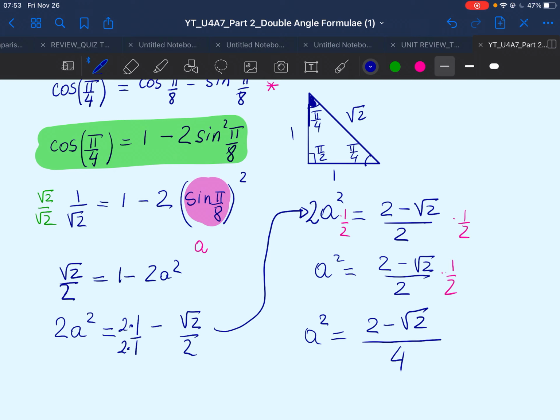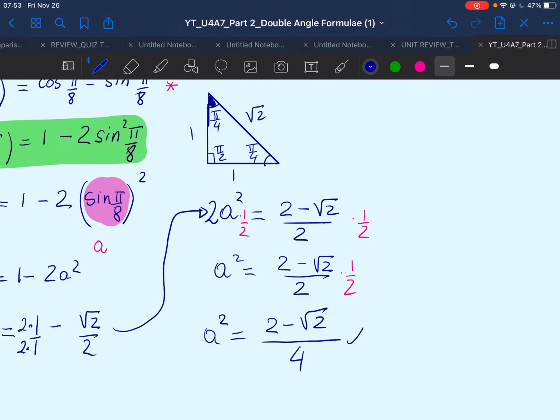Now remember, this is only a squared. We need to find a itself. So we'll say that a equals plus or minus the square root of 2 minus root 2 divided by 4. Now I'm going to stop for a while in here, and go into the details of how we simplify this.